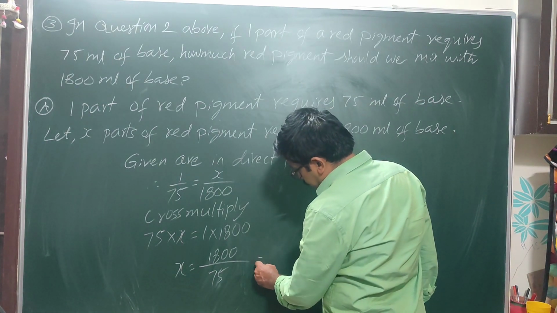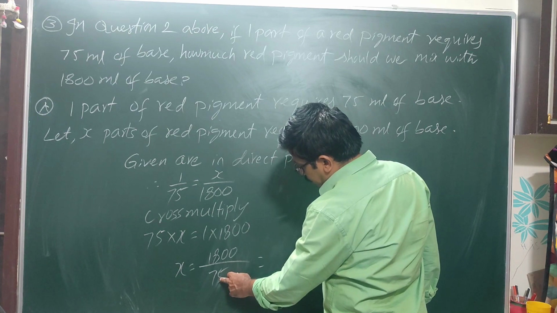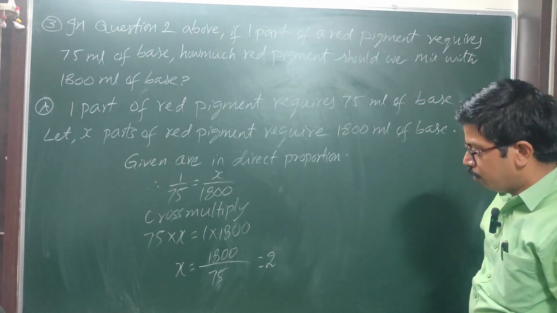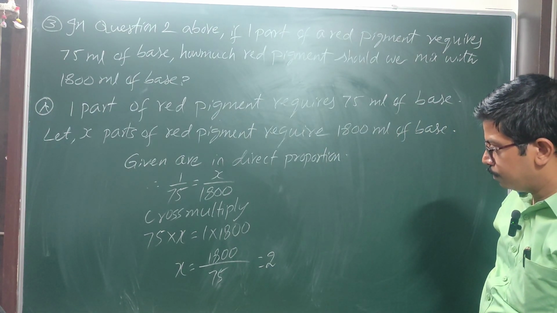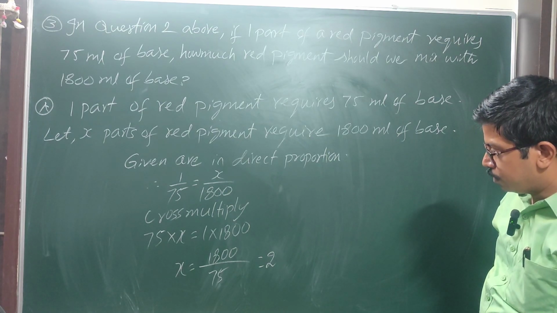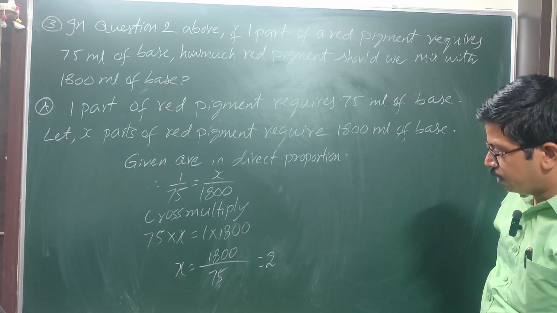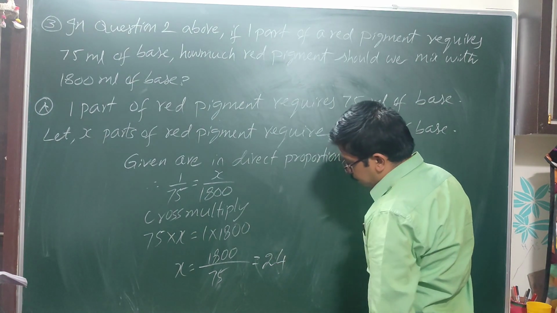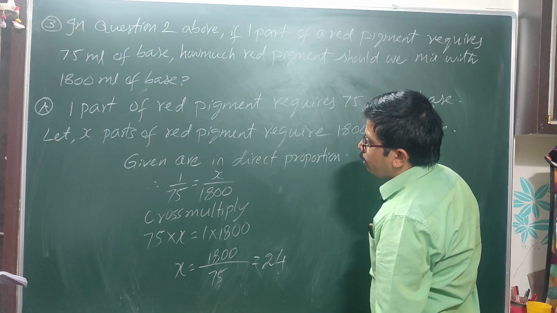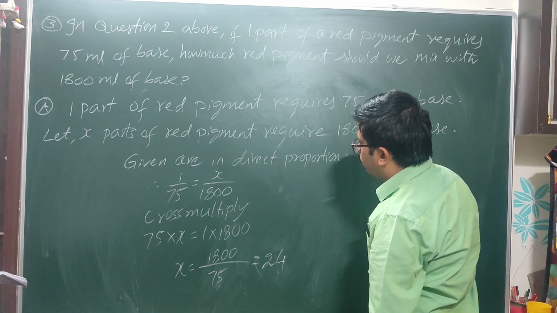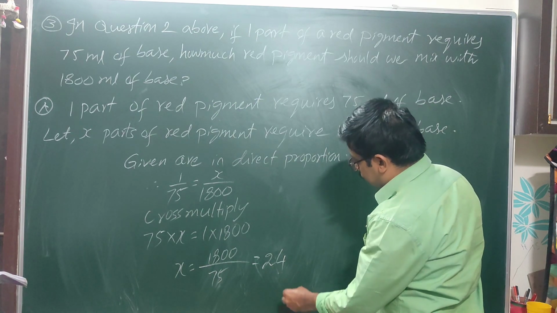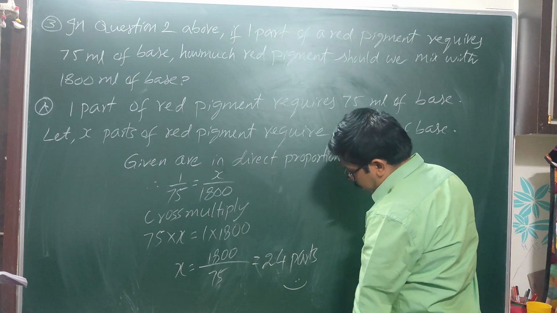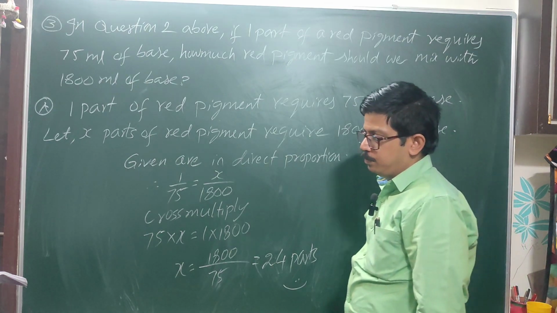Observe carefully. 75 twos are 150. So now 30 will remain, 300 if we bring down. So 75 fours are 300. So we require 24 parts of red pigment. It's a simple answer.